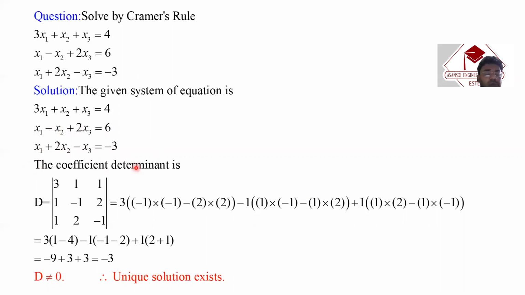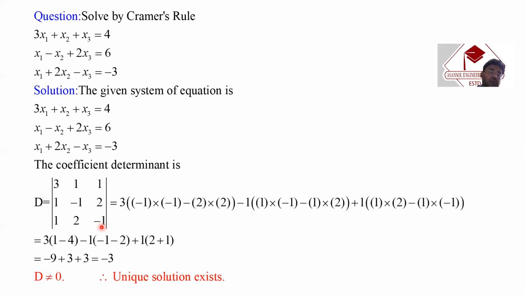So the coefficient determinant D: the first column comes from the coefficients of x1, that is 3, 1, 1. The second column comes from the coefficients of x2: 1, minus 1, 2. The third column comes from the coefficients of x3: 1, 2, minus 1. Clear?